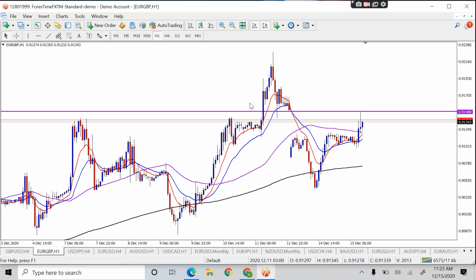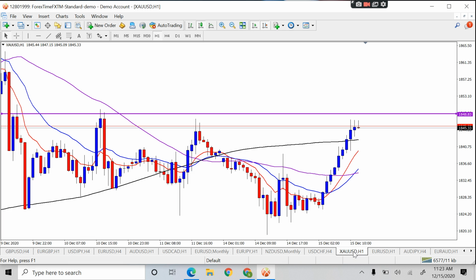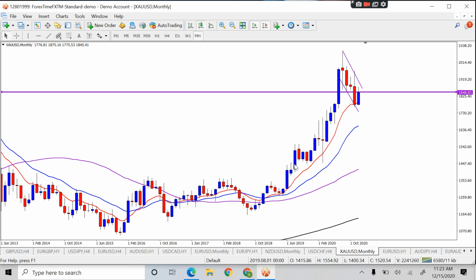The next pair is our gold USD. So gold is still within the flag, the bullish flag. So for me and my colleagues down at Cube Concept, we're still looking for buy opportunities.